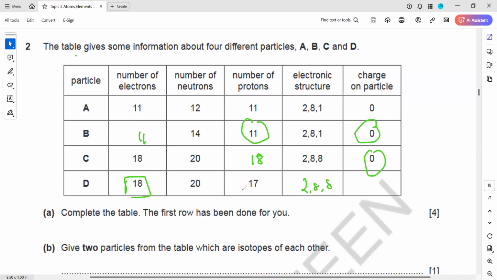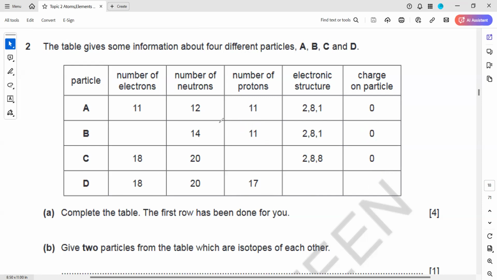What is the charge? 18 electrons, 17 protons, so the charge will be -1. If it was 18 protons, it would be 0.